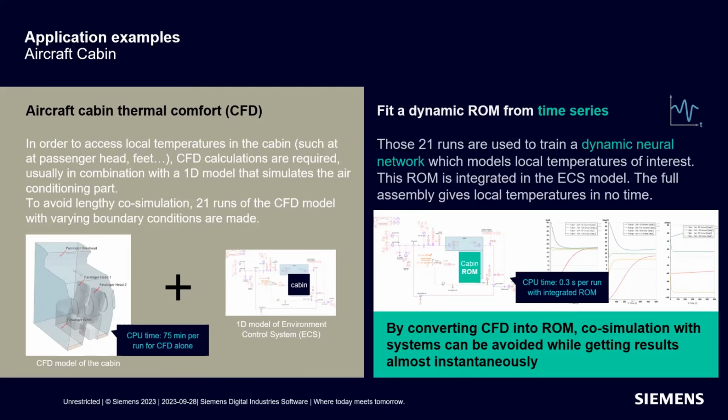So we incorporated that reduced order model inside of an ECS model, and we ultimately got 15,000 times faster. So we are able to now run the boundary conditions, incorporate it with the environmental control systems, whether that's the fluid analysis or the aircraft mission profiles or the different controller logic embedded inside of it, and it ran in 0.3 seconds rather than that 75 minutes that it was in CFD alone.